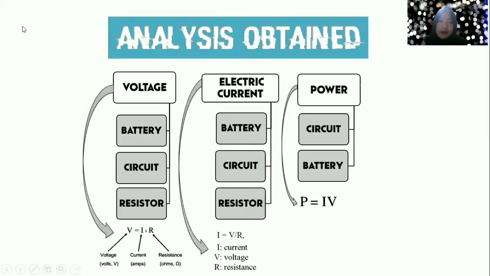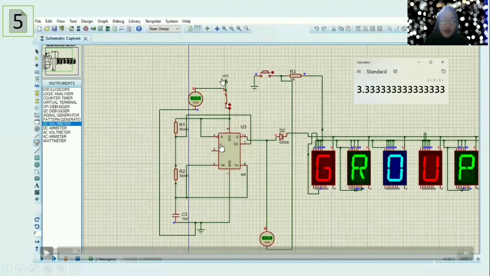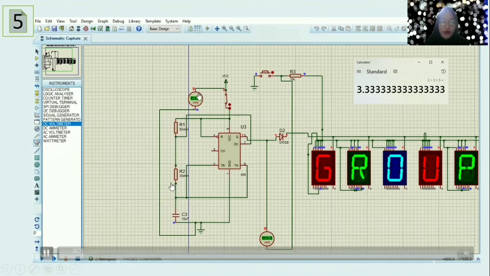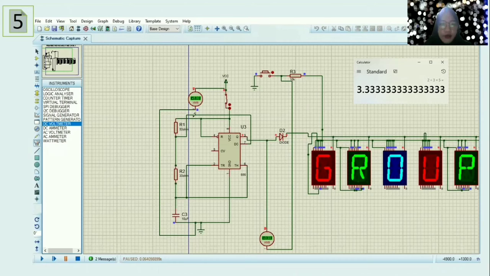And then next, we will calculate the amount of voltage that passes through the circuit. The voltage of the VCC battery is 5 volts. First the voltage passes through the first and second resistor, and then is stored by the capacitor as much as 2 divided by 3 times VCC before going to the output, pin 3.